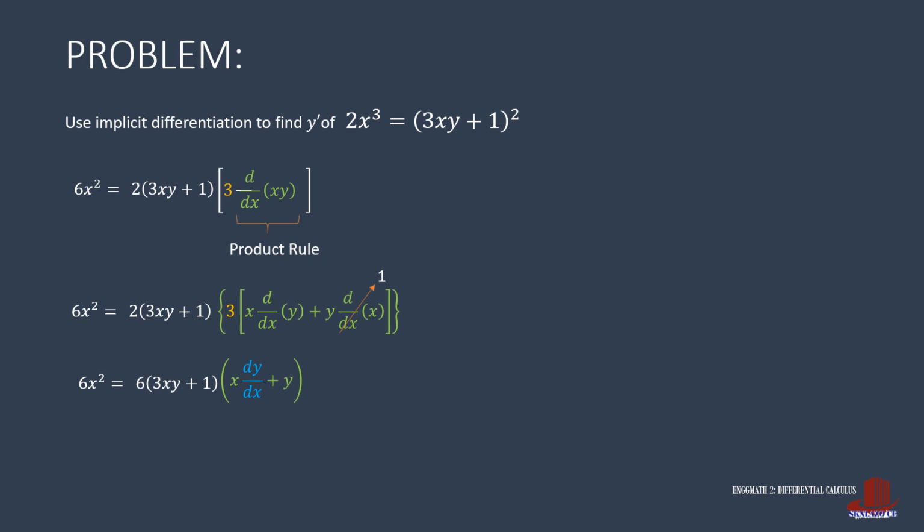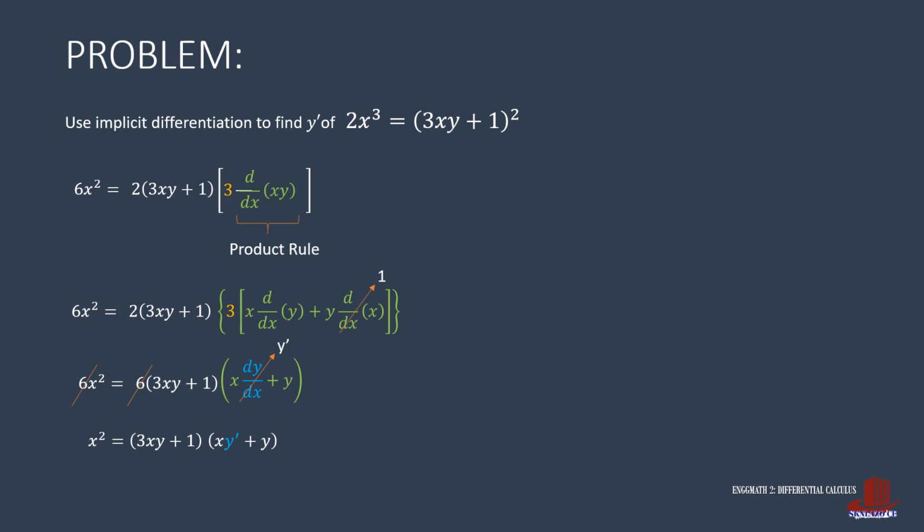Since we are looking for y prime, we might as well convert dy over dx into y prime. There are also 6's on both ends of the equation, so cancel them out, and have x squared is equal to the quantity of 3xy plus 1 with the binomial of xy prime plus y.